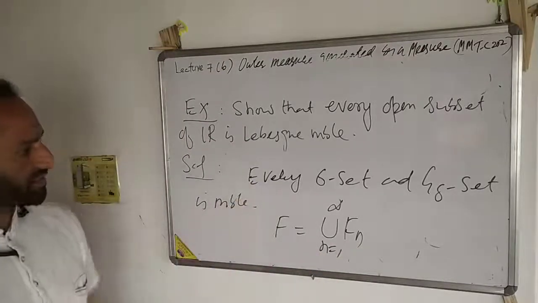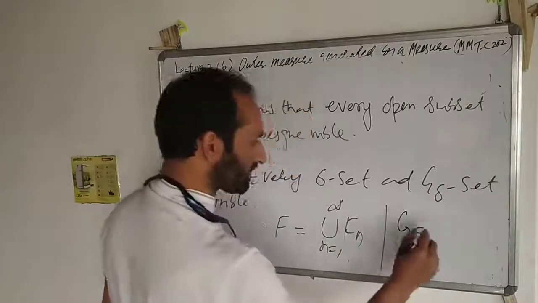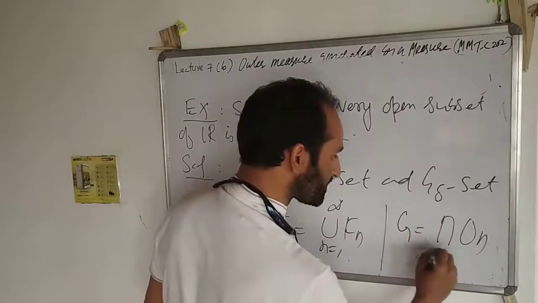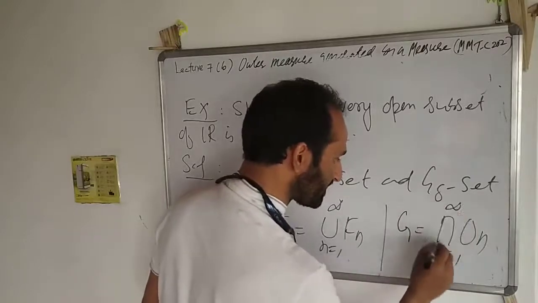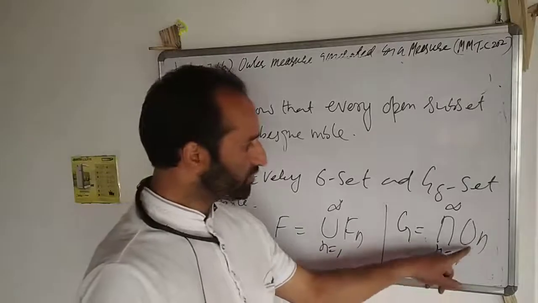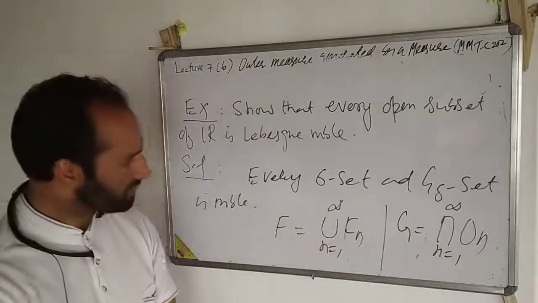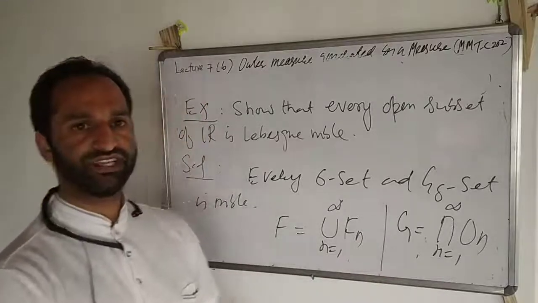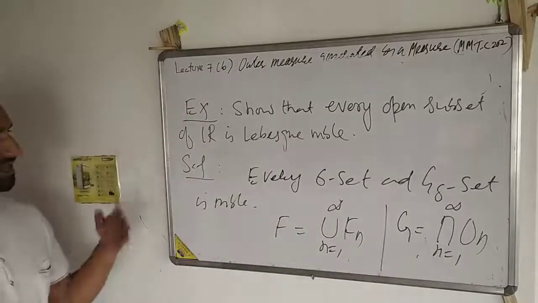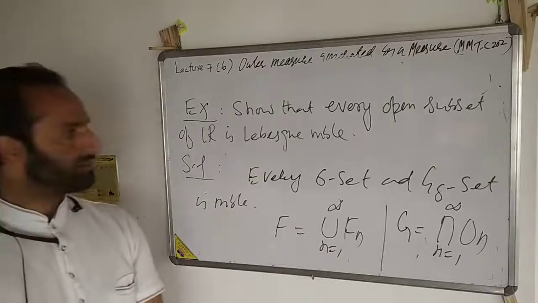So every F sigma set is measurable. Now suppose G is a G delta set, then G is a countable intersection of open sets. Each open set is measurable, and a countable intersection of measurable sets is measurable, therefore G is measurable. So thus every F sigma set and every G delta set are measurable sets. So thank you.